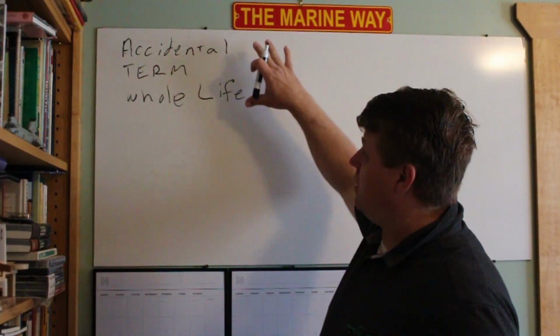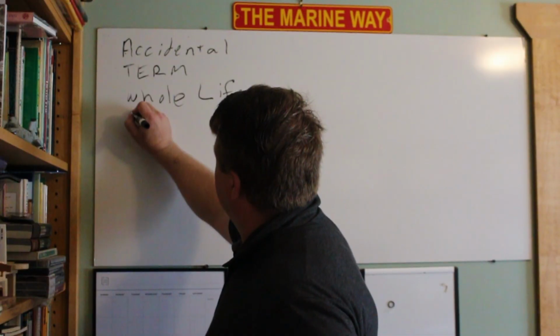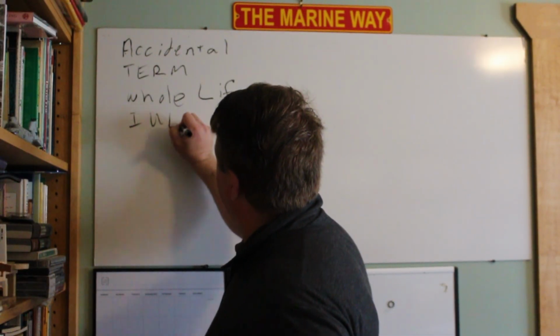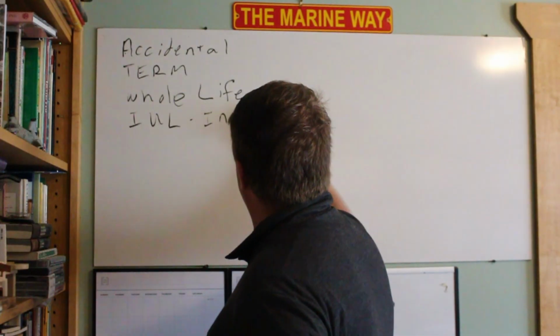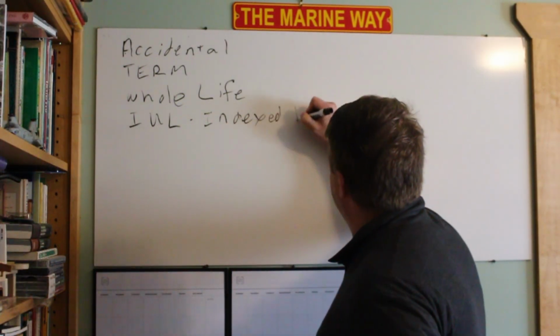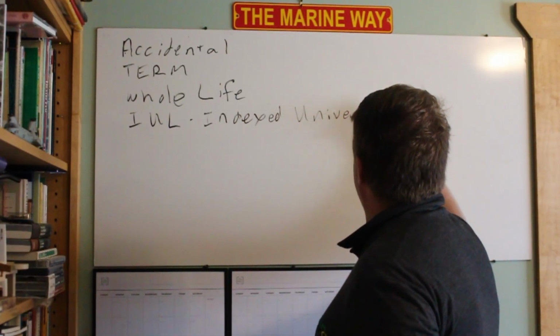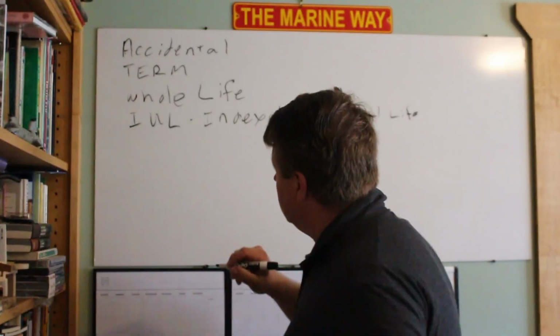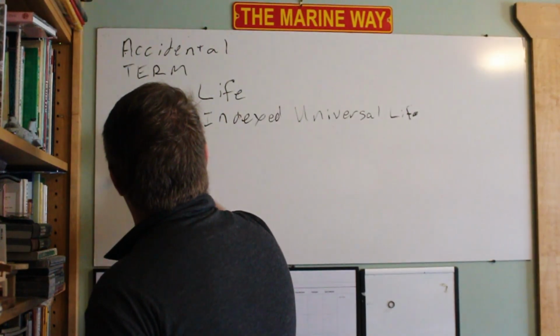Those are the three broad categories. We have IUL, or indexed universal life, right? And then we've got final expense.